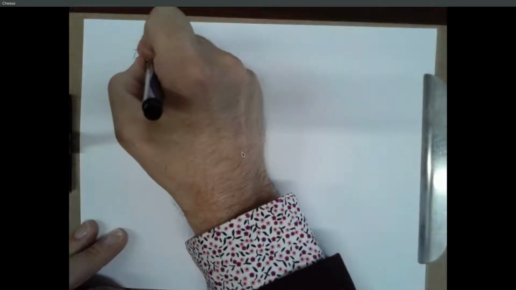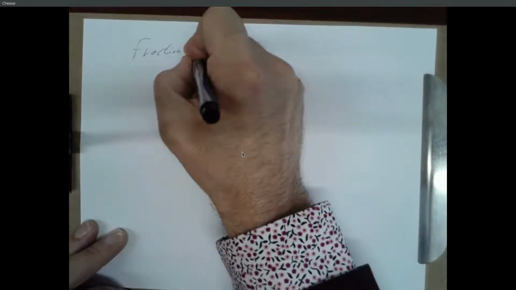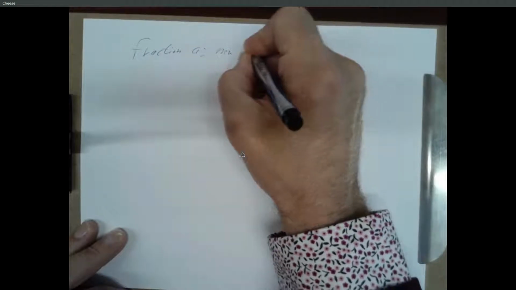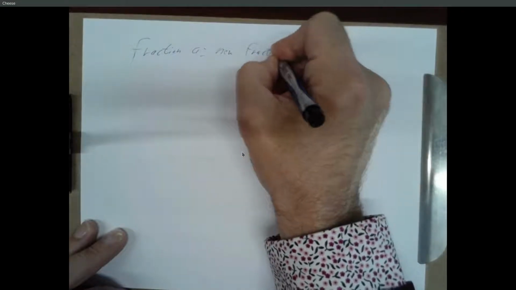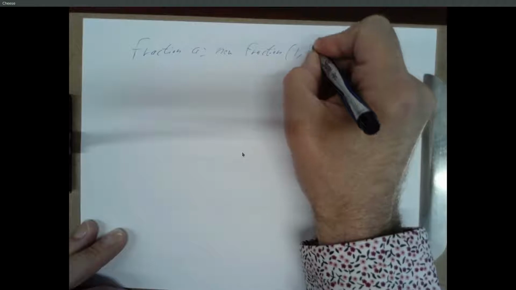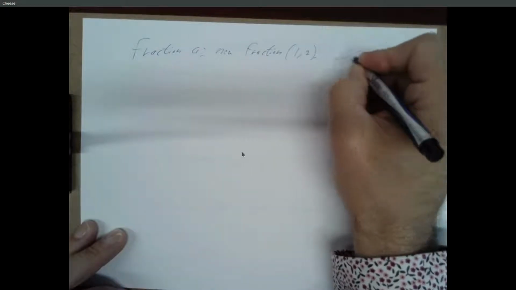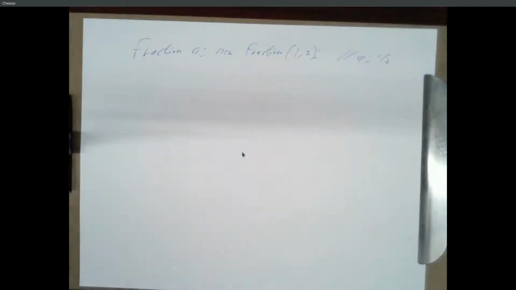And so the way we would use this might be something like this. So Fraction A equals new Fraction 1 comma 2. So A is a half.